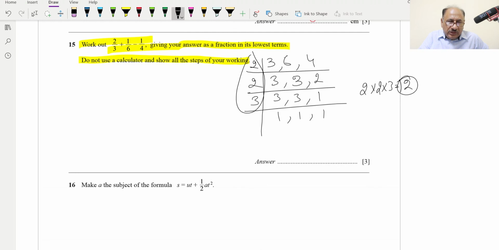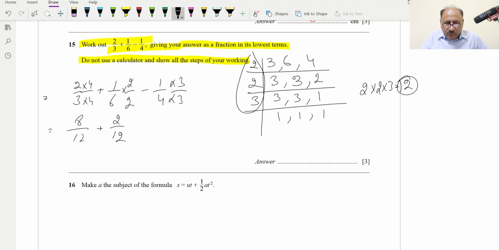Now we have to equalize the denominator, so 2 over 3 will be multiplied by 4 over 4, plus 1 over 6 will be multiplied by 2 over 2 to get 12 as denominator, and then minus 1 over 4 will be multiplied by 3 and 3, and we will get 8 over 12 plus 2 over 12 minus 3 over 12.